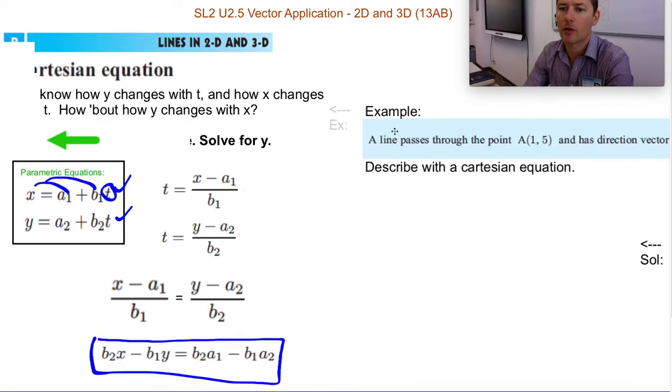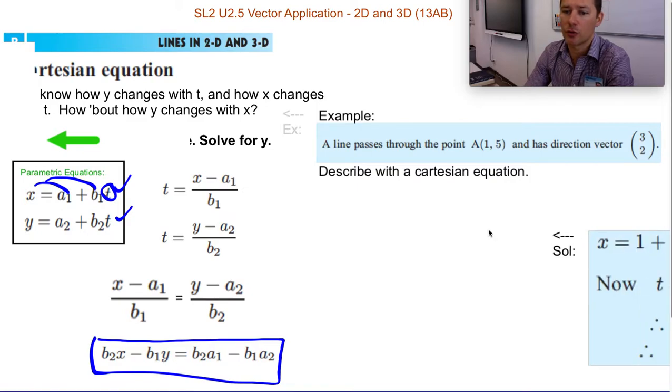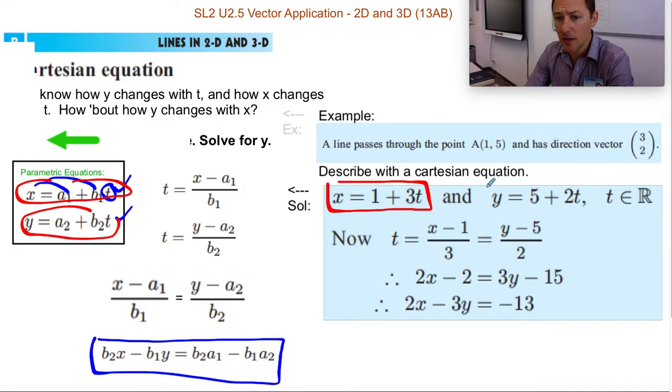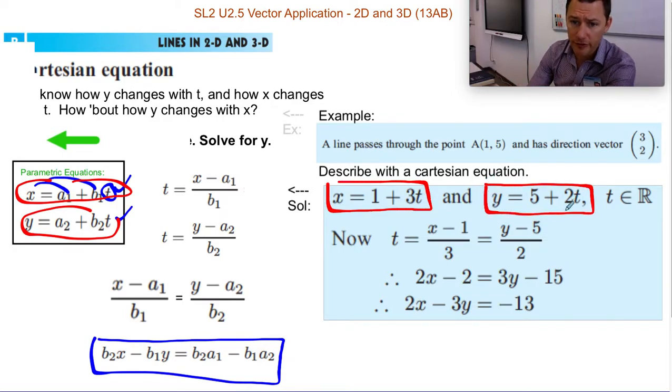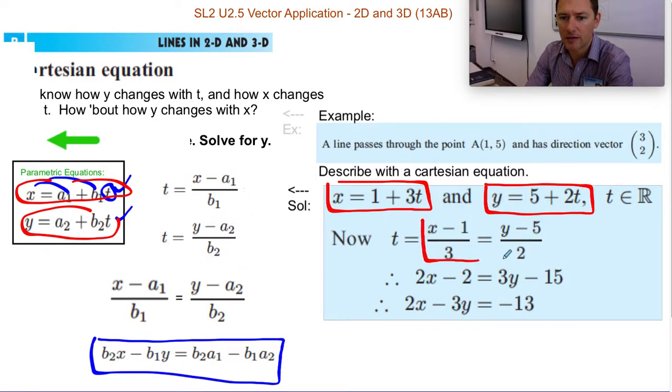So let's check out a little example of that. We want to take the same line and describe it with a Cartesian equation. We take our parametric equations, which we just built from the last example. We solve for t for both of them, and we set them equal to each other, and so we get this mess.